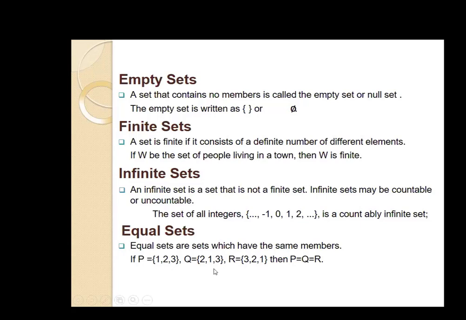These three sets are equal because their objects are the same, just the order is changed. These are represented like this: P equals Q, Q equals R, they all are equal.